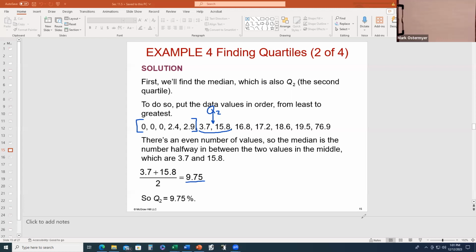So there's 1, 2, 3, 4, 5, 6 observations above Q2. So the median of these 6 observations is going to be the average of the middle 2 data values, which is going to be the average of these 2. So Q3 is going to be dead center right in here. That's your third quartile. So therefore, your 75th percentile or your third quartile is the average of 17.2 and 18.6.